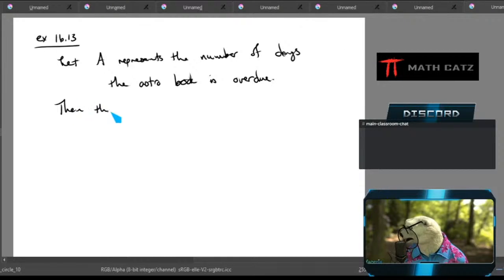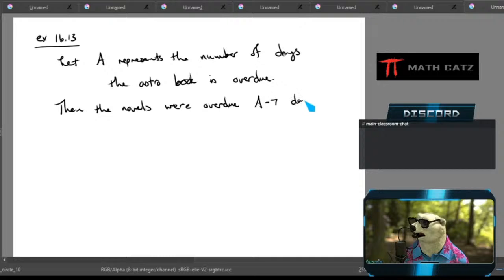So the novels were overdue A minus 7 days, because the astronomy book came first. There's a bigger gap between now and when he took it out, and the novels were more recent. So the novels weren't overdue that many days, a week less.